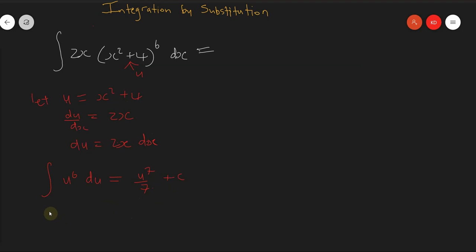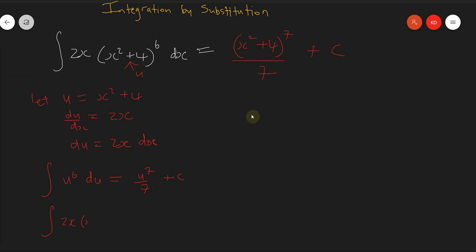So our integral of 2x times (x squared plus 4), all raised to the 6th power, times dx, is simply equal to (x squared plus 4) all raised to the 7th power over 7, plus c.